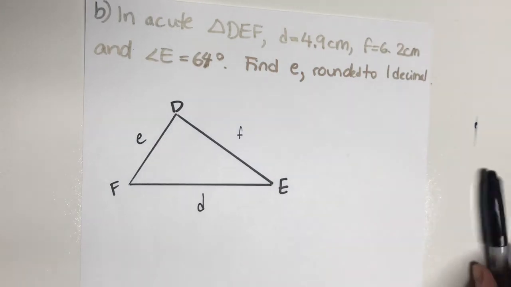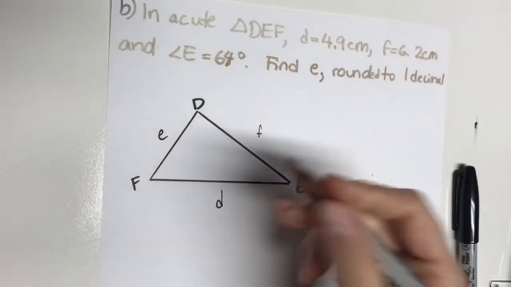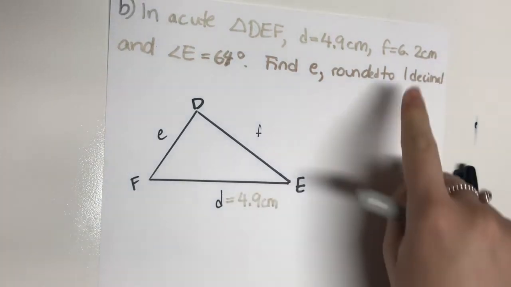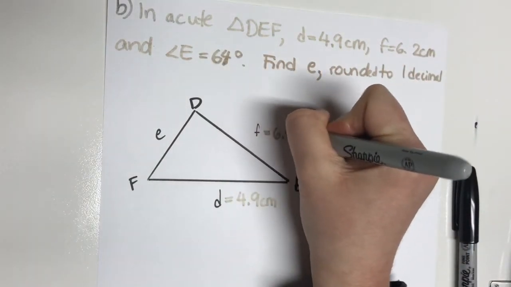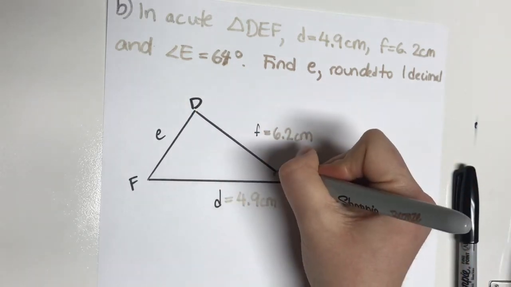And I'm going to fill in my known values. I know that side length D is 4.9 centimeters. I know that side length F is 6.2. And I know that angle E is 64.